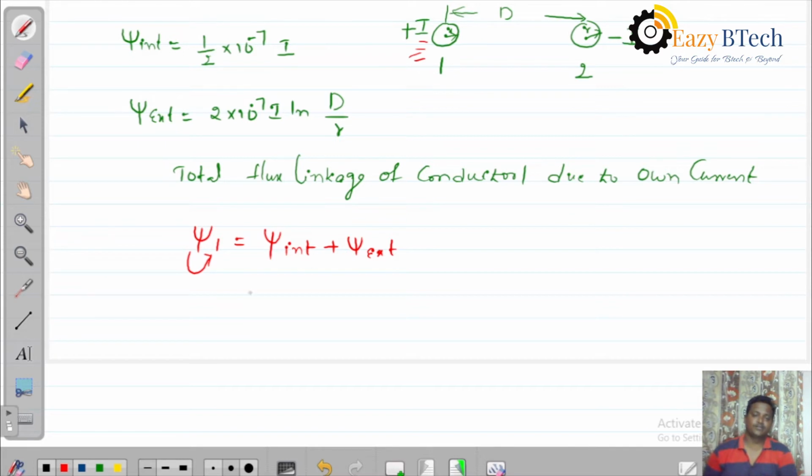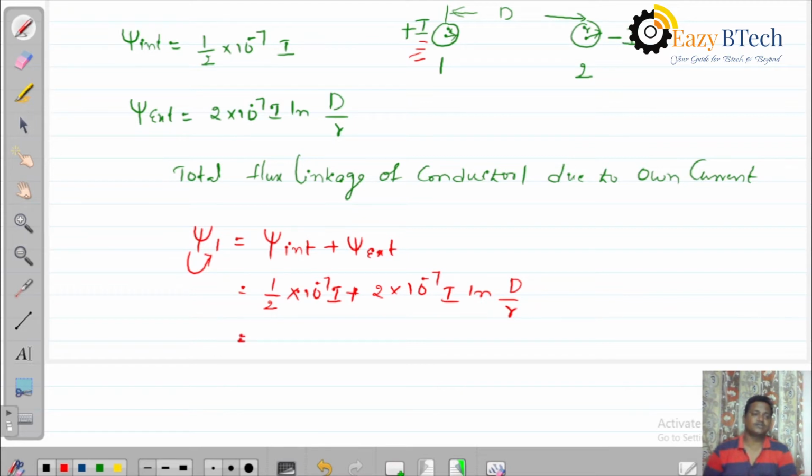Therefore, what do you get from this? It is 1 by 2 into 10 power minus 7 I plus 2 into 10 power minus 7 I ln d by r. This is the total flux linkage.